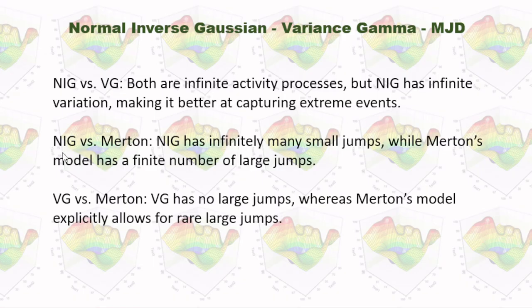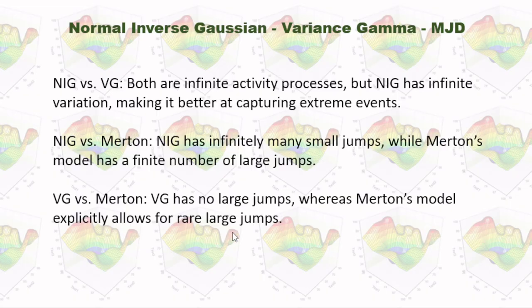When we compare NIG process versus Merton Jump-Diffusion process, NIG has many small jumps, while Merton's model has a finite number of large jumps. When we compare Variance Gamma process versus Merton Jump-Diffusion process, VG has no large jumps, whereas Merton's model explicitly allows for rare large jumps.